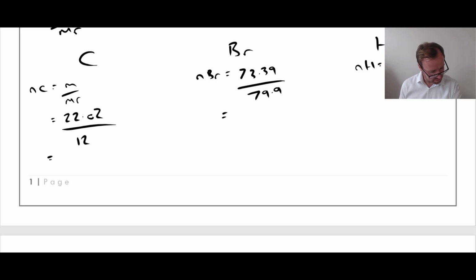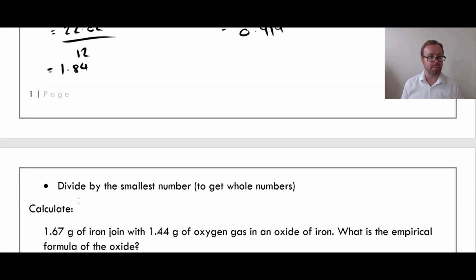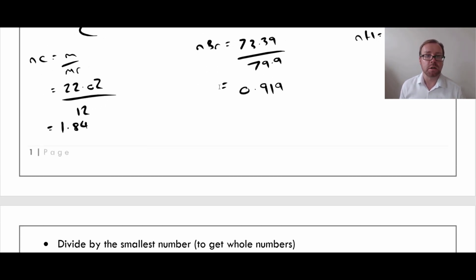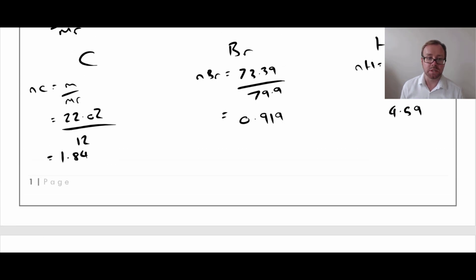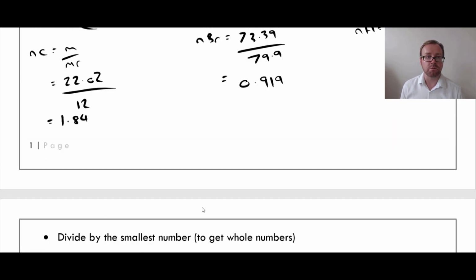Okay, so this gives me some values: 1.84, 0.919 and 4.59. Okay, I can now divide by the smallest number of my moles here to get a whole number.